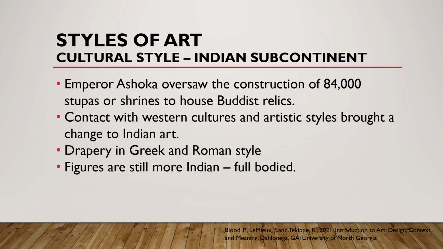Now we're going to move to the Indian subcontinent. During the reign of Emperor Ashoka, 84,000 stupas, or shrines, were built to house religious artifacts. Trade with the West and the Western cultures brought some of the artistic styles of Greece and Rome to India.